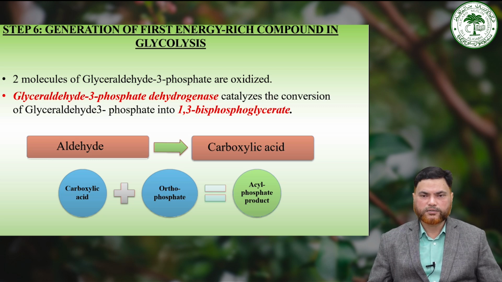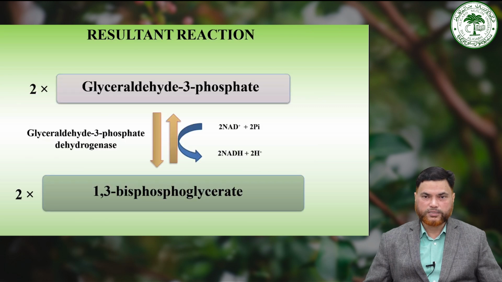The energy released during this oxidation process is preserved by forming a carboxylic acid anhydride bond with a phosphate group, commonly referred to as an acyl phosphate, to form 1,3-bisphosphoglycerate, catalyzed by the enzyme glyceraldehyde 3-phosphate dehydrogenase. You see that glyceraldehyde 3-phosphate is converted into 1,3-bisphosphoglycerate by the enzyme glyceraldehyde 3-phosphate dehydrogenase.